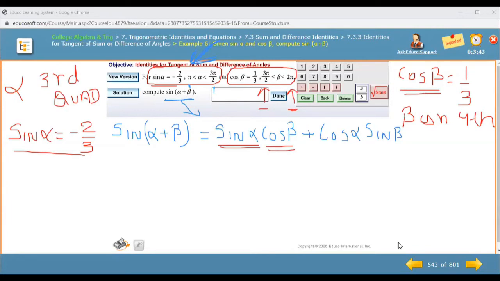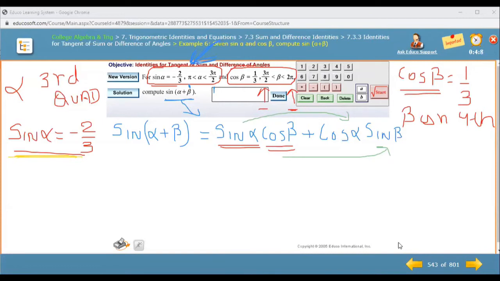Now, using this sine alpha, I have to calculate cosine alpha. And using this cosine beta, I have to calculate sine beta. How? Come to this side where we have this sine alpha.